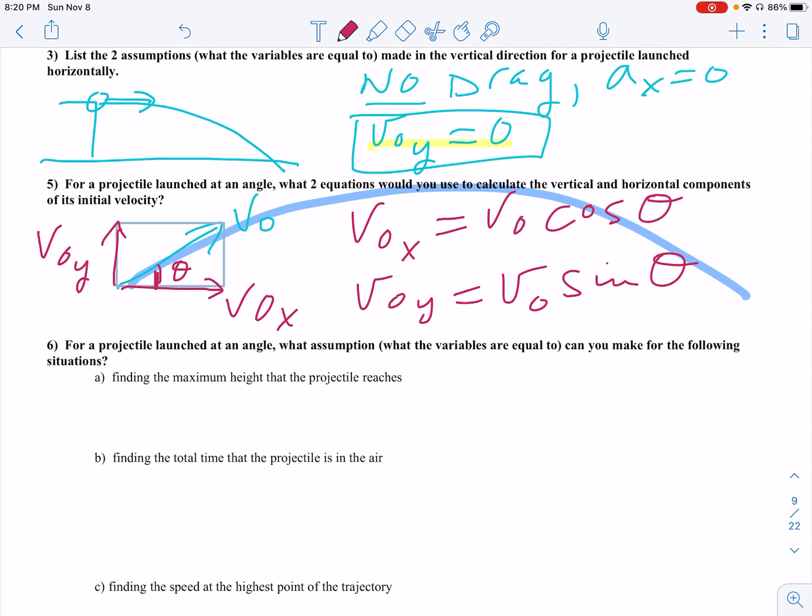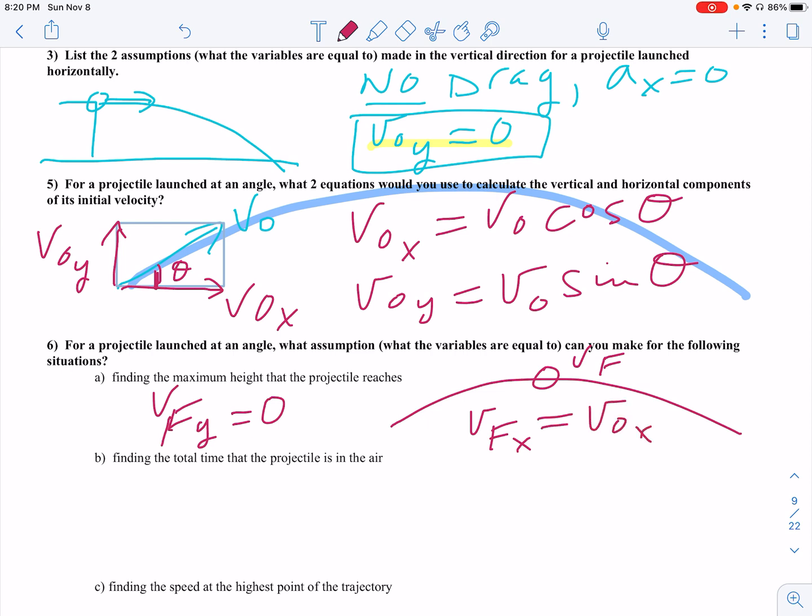What assumptions can you make for the following situations? Finding the maximum height that the projectile reaches. Well, we can assume that at the maximum height, let's call that VF right there, VFY is equal to 0 and that VFX at that maximum height is the same as VOX like we said before.